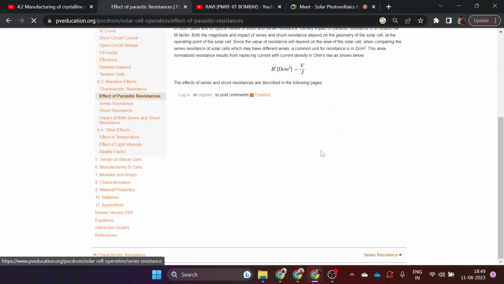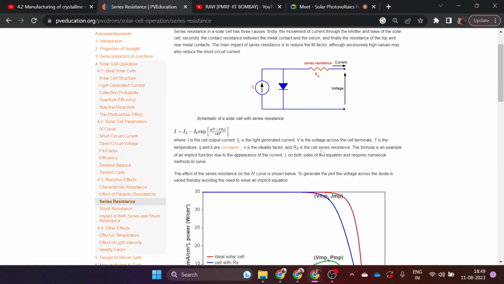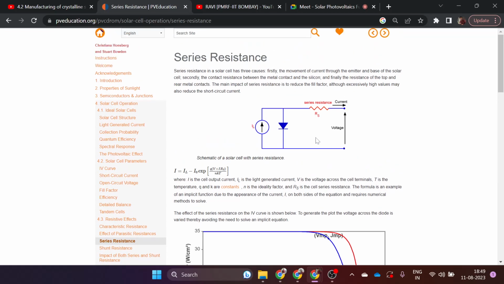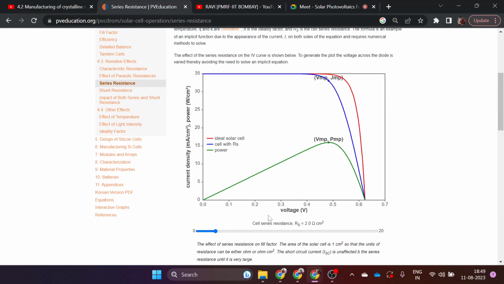Now we will see the impact of series resistance and shunt resistance. So let's say this is a solar cell. It is not having any shunt resistance, but only a series resistance. What is the ideal value of series resistance? Zero. So it is the ideal value of series resistance.